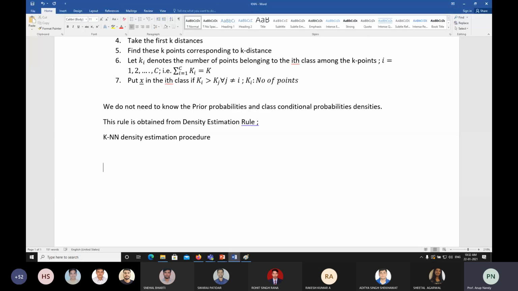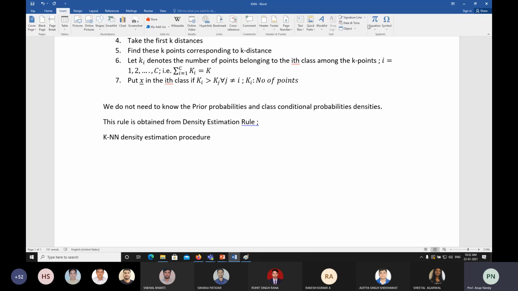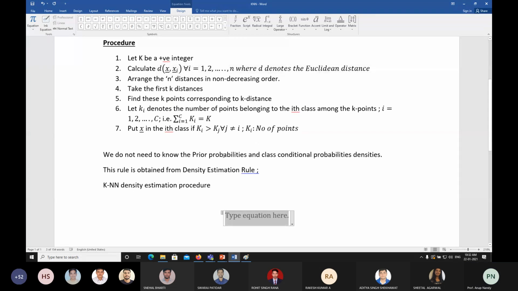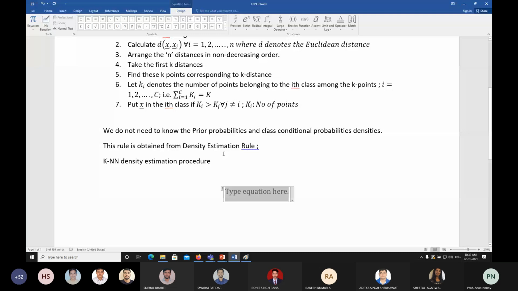What is the KNN density estimation procedure? Suppose you have n random variables x1, x2, up to xn.